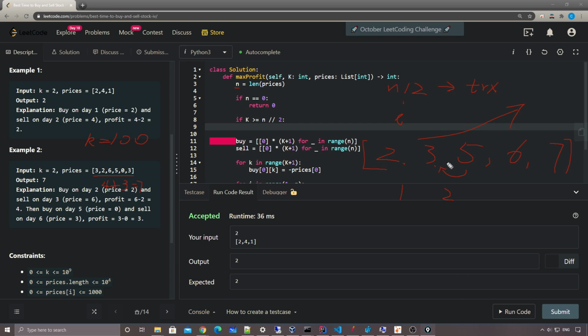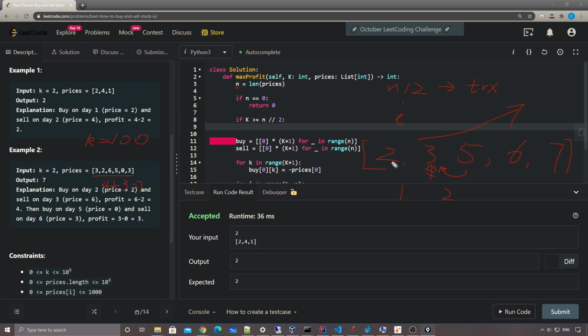This doesn't mean that I'm buying at the first day, and I sell at the second day, and then I buy at the second day again, then I sell at the third day. I'm just using this logic to calculate the maximum profit. It doesn't mean that I have to buy and sell at the same day here.